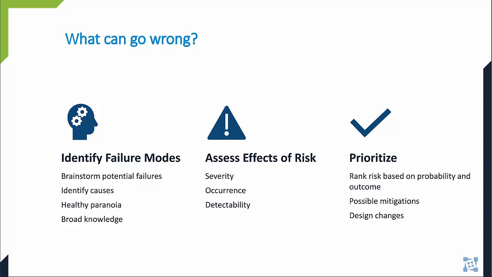And then, of course, we have to prioritize, right? We have to look at the probability. Will this happen? How likely is it to happen? And if it's likely and it's dangerous or severe, we have to start looking at mitigations. What can I do to make backup systems, secondary systems, early warnings, or to make it easier to respond to the issue, redesigning systems so that failure modes are easier to operate?